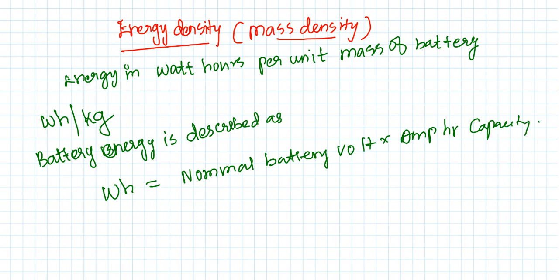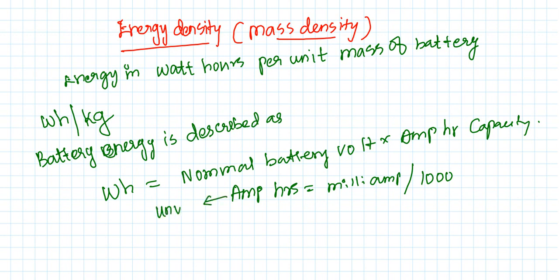Here, ampere hour is equal to milliamp hour divided by 1000, because we have to convert the units in order to calculate the energy density of the particular battery.